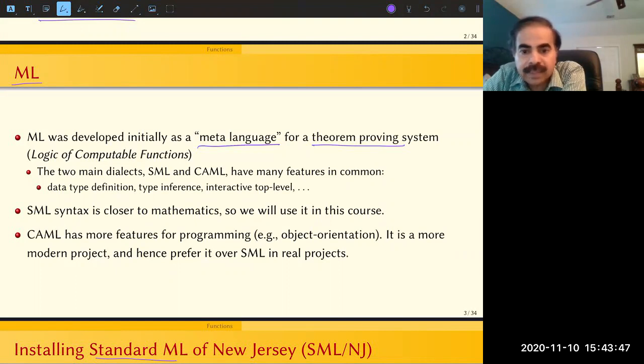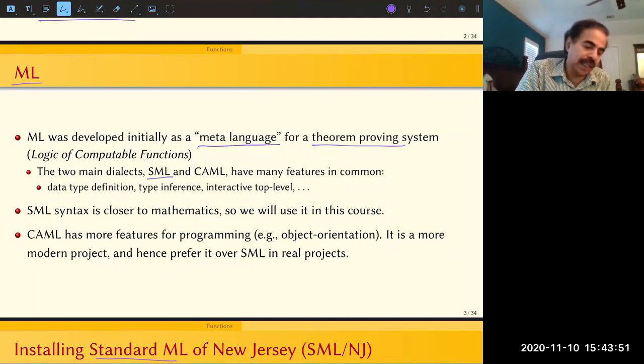So automatic theorem provers. And over time, because these theorem provers are nothing but programs, a language for writing these theorem provers ends up being simply another programming language. And that's how standard ML came about, developed largely in the late 80s and early 90s.